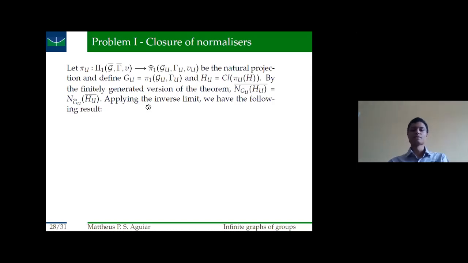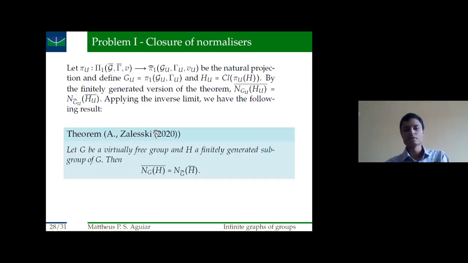Applying the inverse limit, we have the following result, a theorem with Ribes-Zalesski: let G be a virtually free group and H a finitely generated subgroup of G. Then the closure of the normalizer equals the normalizer of the closure in the profinite completion.